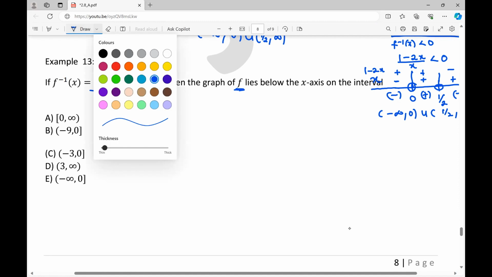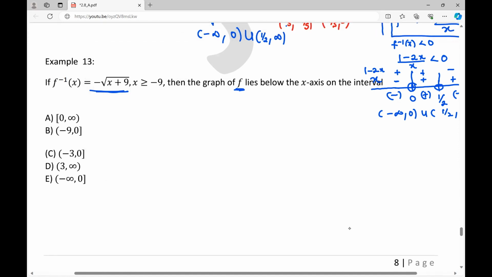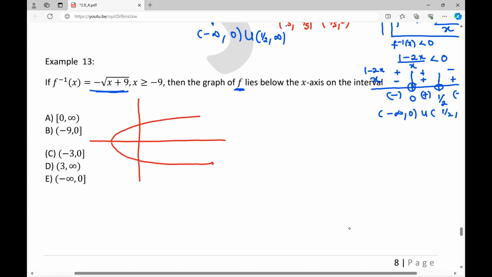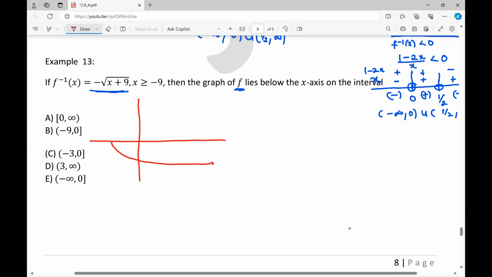So if you want to use the graphical method, what do you do? You first of all graph this function, but this function is our f inverse. This is just the root of x plus 9, which is this one, right? But now you reflect it across the y-axis, so it means we are here. So let's remove the upper part.